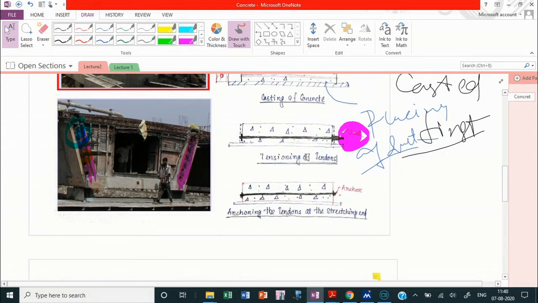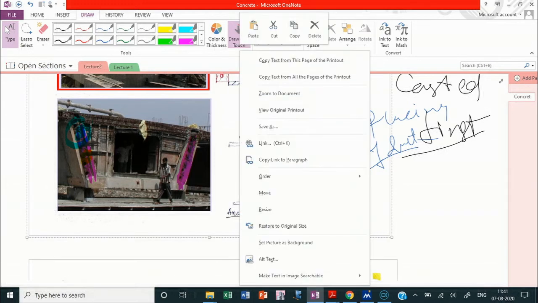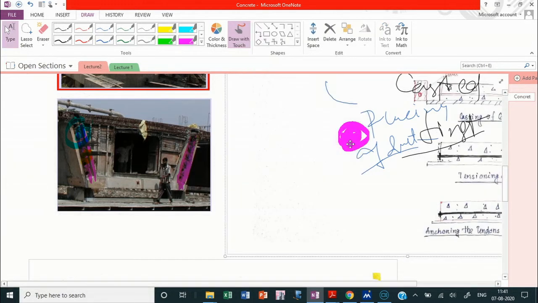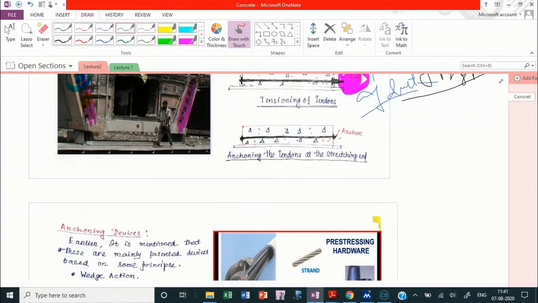And after the stressing, you have to anchor this end also. Here you do the anchoring at this end. These are the basic stages, the basic principle of doing a post-tensioning system.